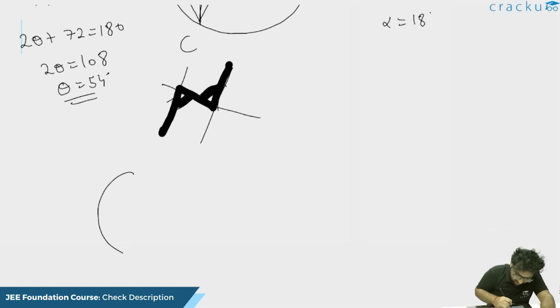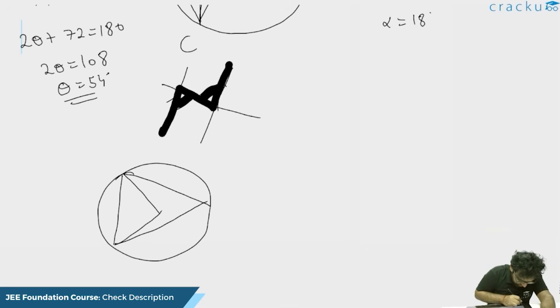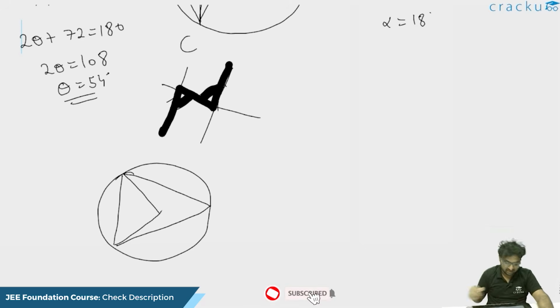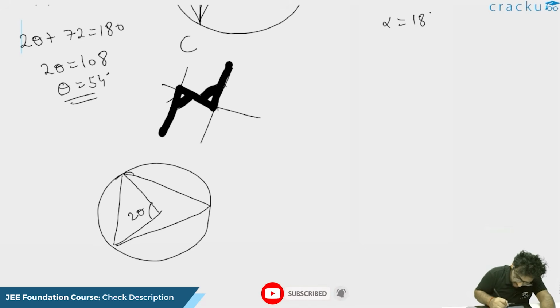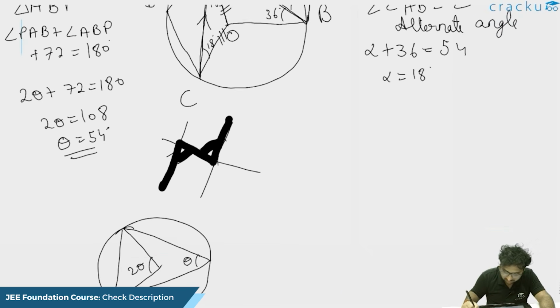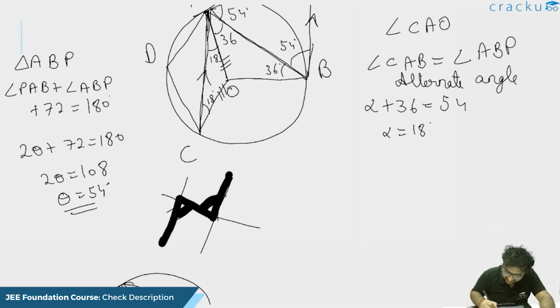Now we also know one property, that the angle formed by a chord at the center is 2 times the angle formed at the circle. Okay, so this is 2 theta, so this will be theta. So we can find the angle AOC. How?